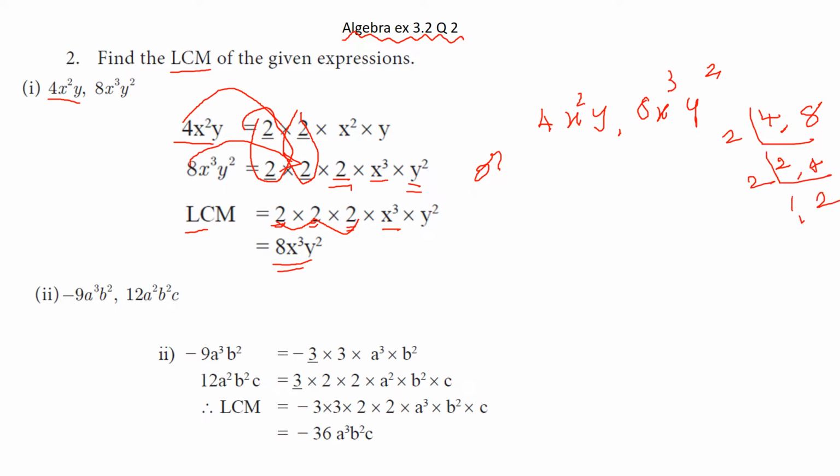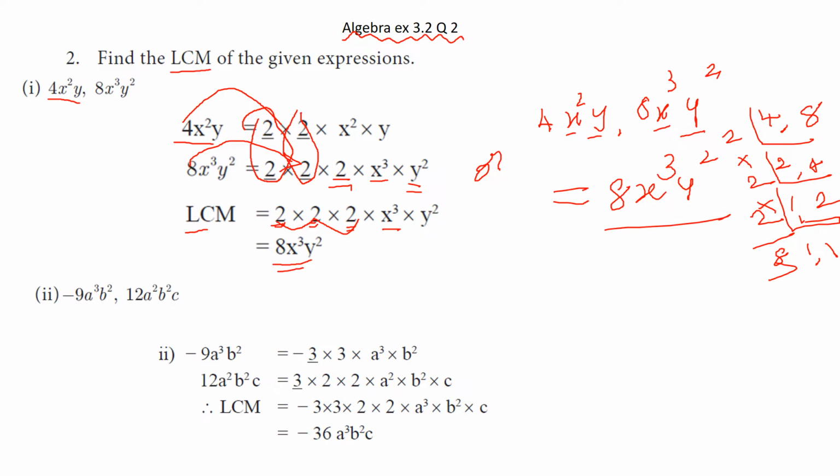Here 2 1, 1. So first here the LCM is 8. So in the answer you write 8. And here you see x squared and x cube. Which power is the highest? x cube. And y squared is the highest. So you write this method also.